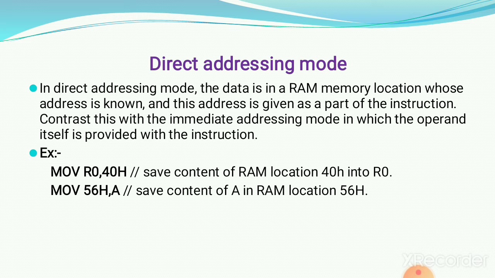The address of the operand memory location is specified by the instruction itself. In this mode, the source and destination, or both operands, can be data memory locations. Hence, the length of the instruction is 2 bytes for one memory operand and 3 bytes for two memory operands.